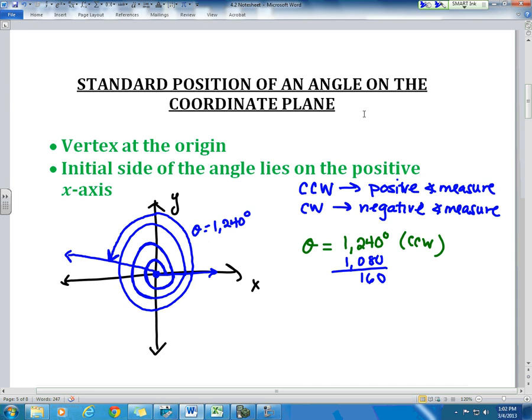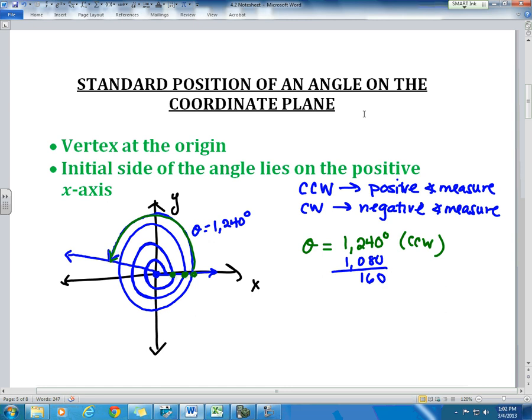So the spirals there tell us how many times we actually went around in full revolutions. Here's 1 full revolution, 2 full revolutions, 3 full revolutions, and then from here to here is another 160 degrees. So a 1,240 degree angle looks exactly like a 160 degree angle, except we have additional spirals going around the coordinate plane.